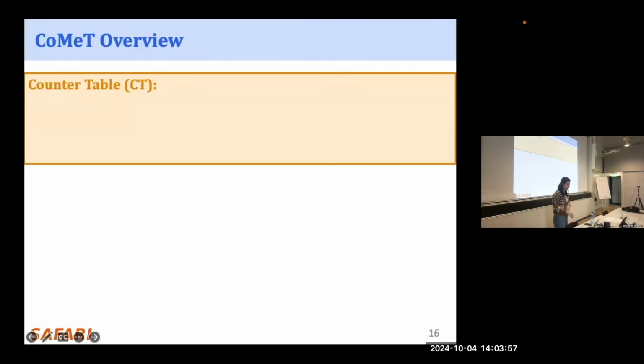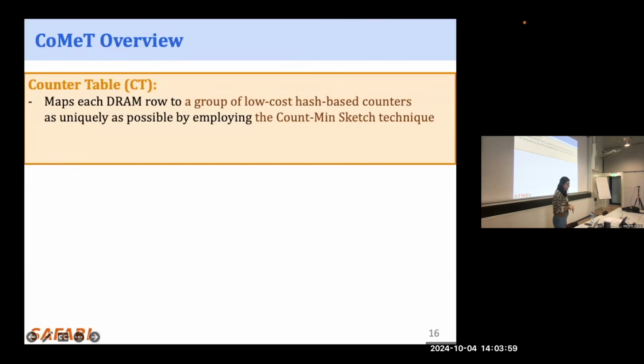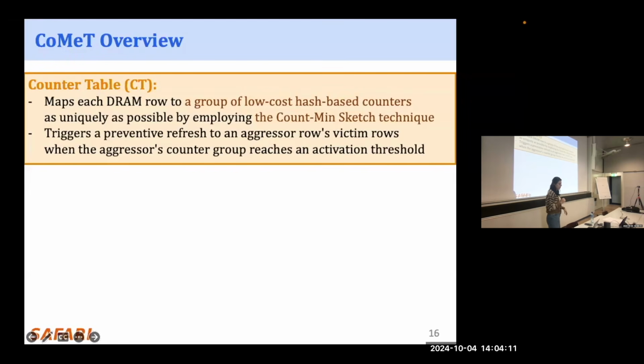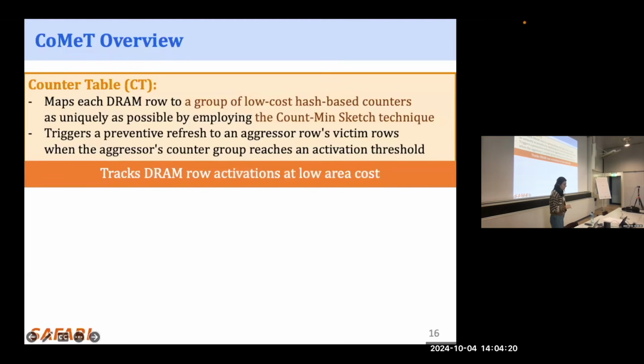The first one is the counter table, which maps each DRAM row to a group of low-cost hash-based counters as uniquely as possible using a frequent item counting technique called the count-min sketch technique. And it triggers a preventive refresh to an aggressor row's victim rows when the aggressor's counter group reaches an activation threshold. This way, the counter table tracks DRAM row activations at low area cost.